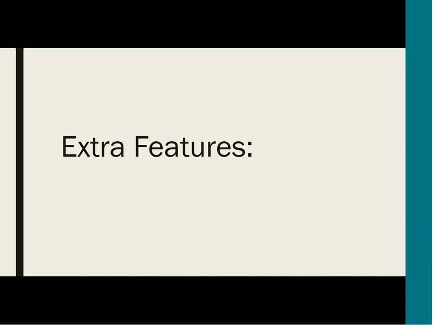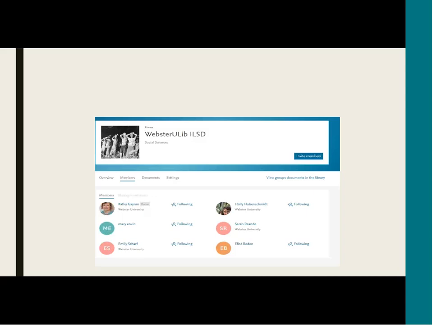And now on to some extra features that you might find useful. Here's a group that I've created with some coworkers, and this is really great for collaborative work. If you're on a group project, or perhaps even in a small class, you want to be able to drop information that you find in there for other members.